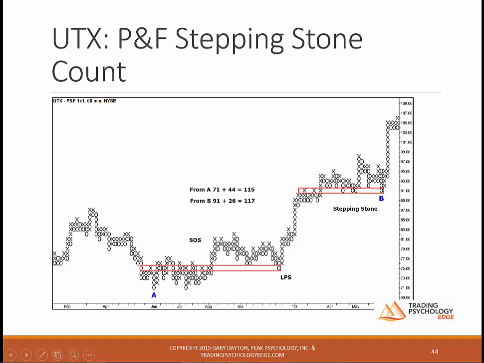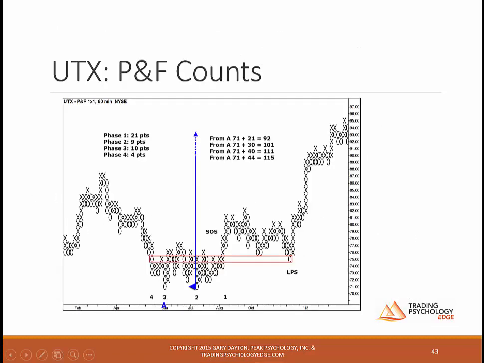Notice what happens though. Here's our initial projection. I didn't put the flags on here. Well, let's go back for a second. Otherwise, I'm feeling like I'm not doing it right. So from the 71 line, we get a count across here of 44 points, and that would bring us up to 115.